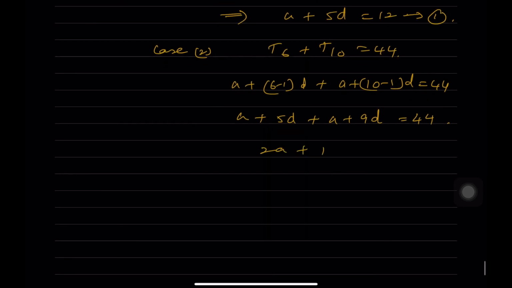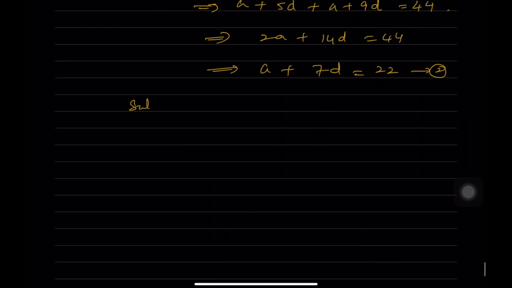So 2A plus 14D is equal to 44, dividing throughout by 2, you get A plus 7D is equal to 22. Take this as equation 2.